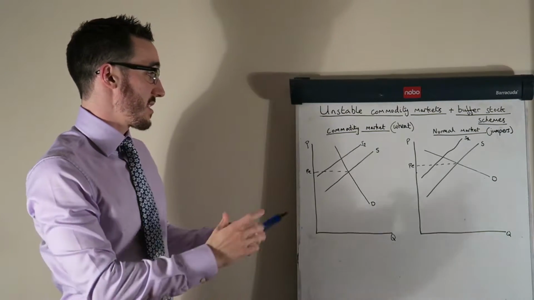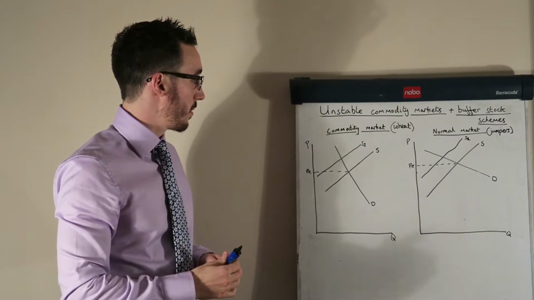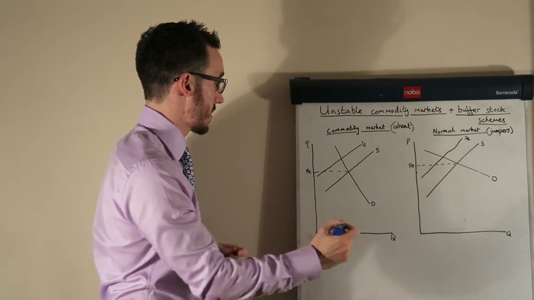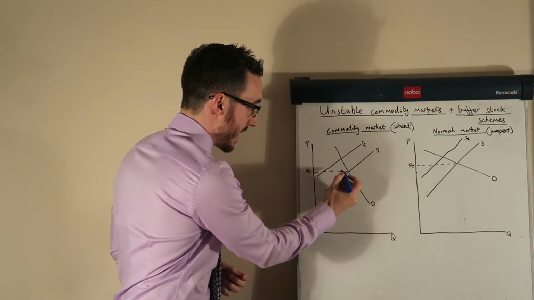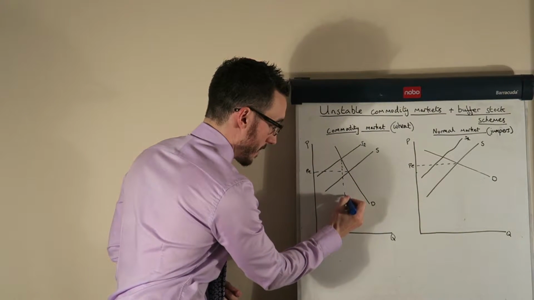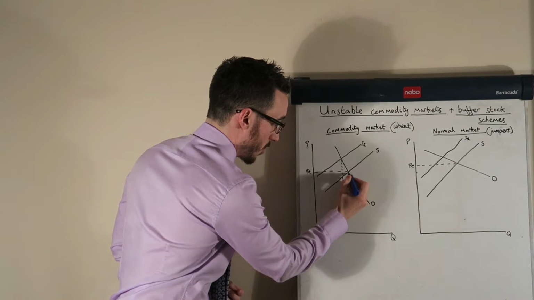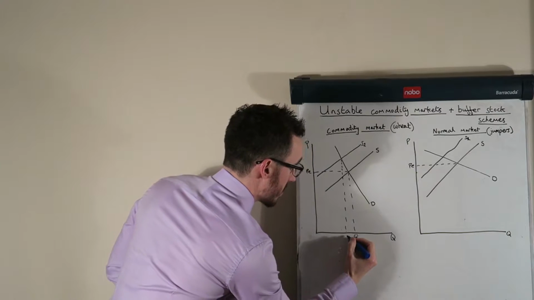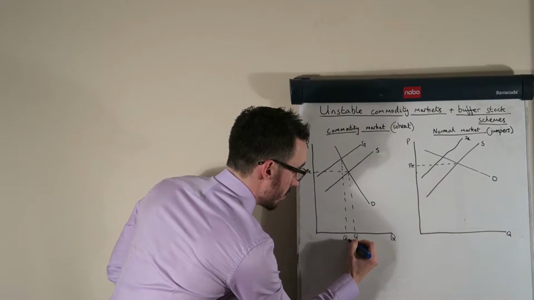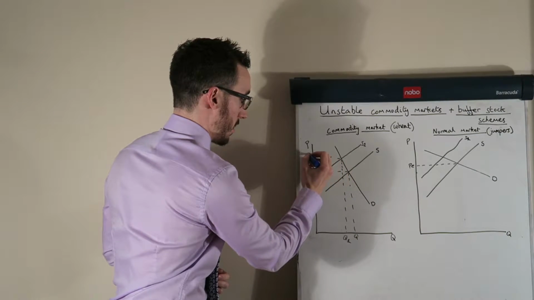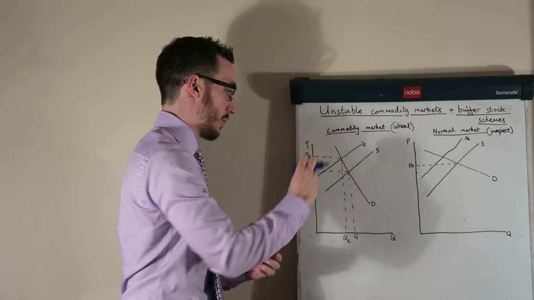So here we can see there's a similar shift in supply, but what will happen with the change in price then in these markets. So as you can see, with an inelastic demand curve, the quantity that changed was marginally small compared to quite a large increase in price.